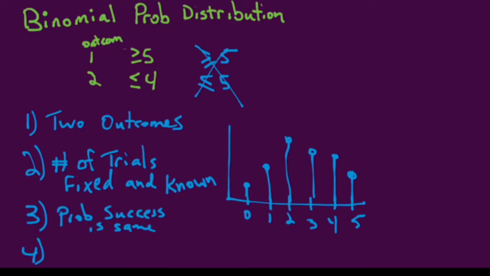One place this might break down is going back to getting the disease or not getting the disease. That's a binomial situation, but if your experiment is 6 people in a household, how many are going to get it?